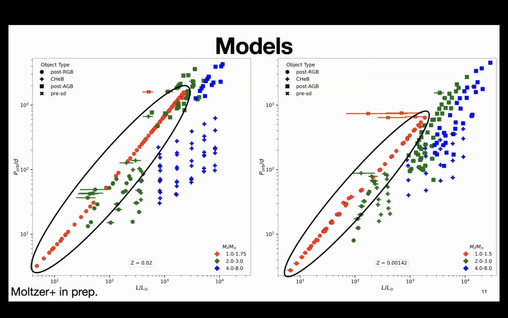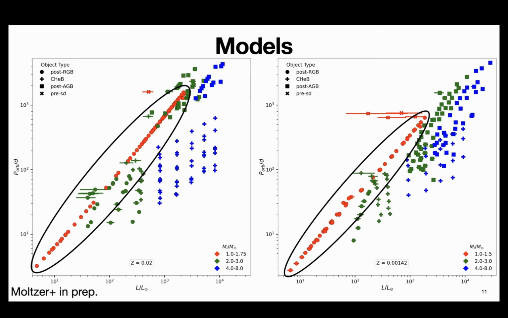These all have progenitors of initial mass 1 to 2, but not including 2 solar masses, so really the low mass stars. And because of the IMF, these are going to be most abundant. So this luminosity regime should really be dominated by these post-RGB stars following this tight luminosity-orbital period relation.